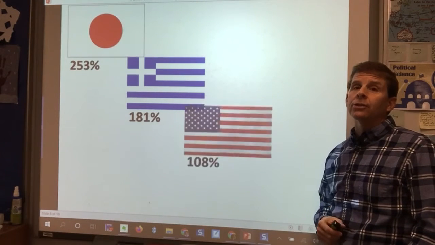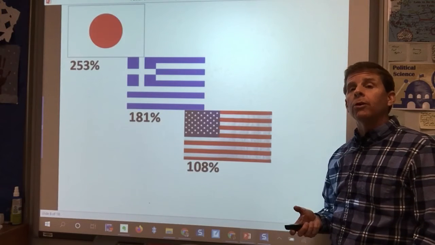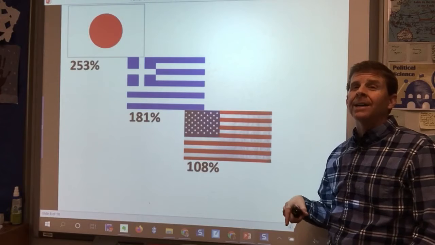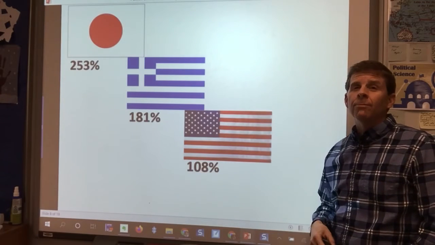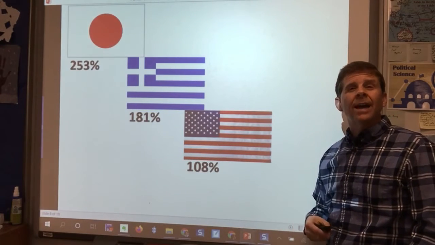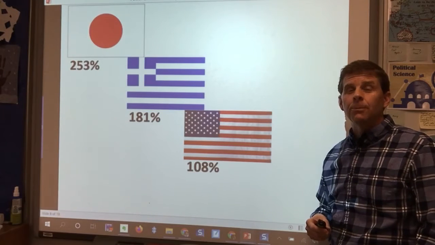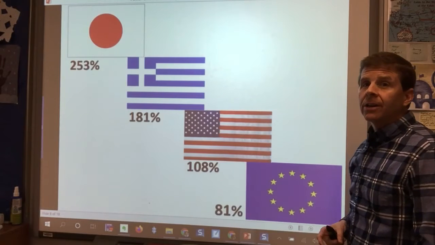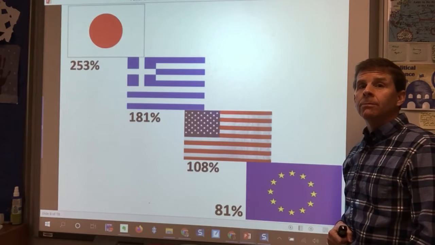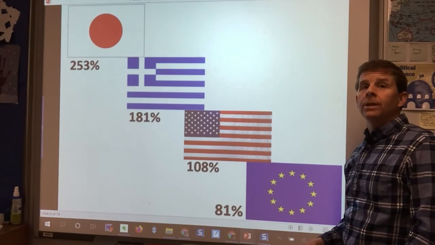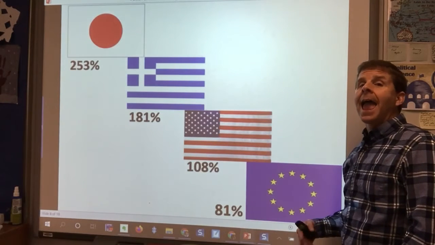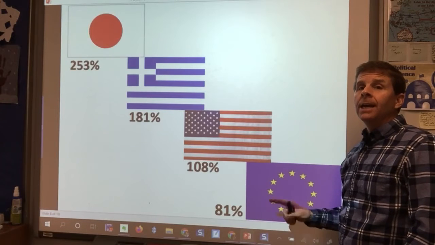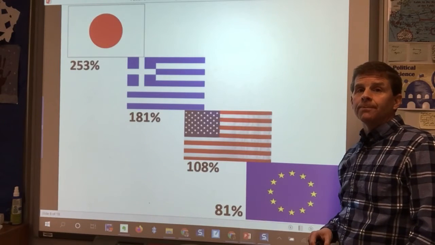So maybe you start to get the idea, oh, well, we're at 108%. That doesn't look so bad. Well, it doesn't look so bad compared to the outliers, but we're still in something like the top 15 debt-to-GDP ratios in the whole world. As a matter of fact, if you take a look at the countries of the European Union, I'm not saying the European Union's debt, I'm saying the average debt of all the countries in the European Union, it's only about 81%.